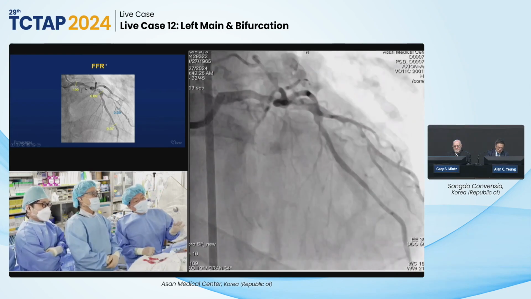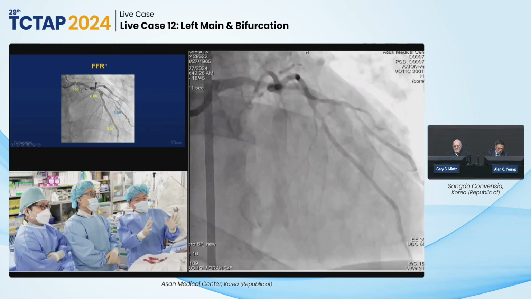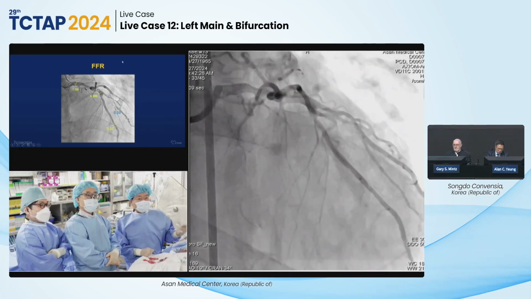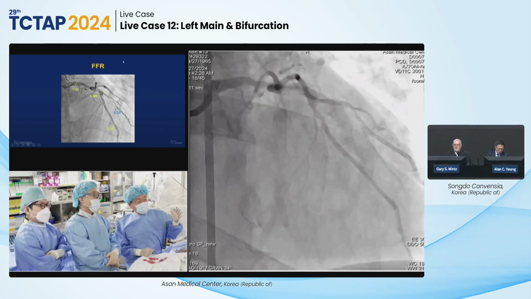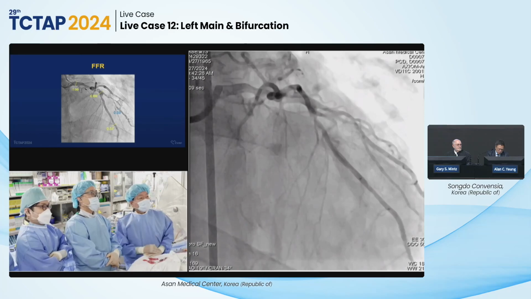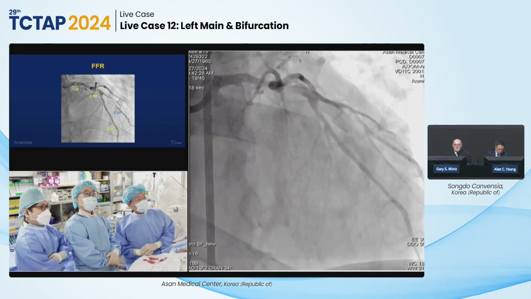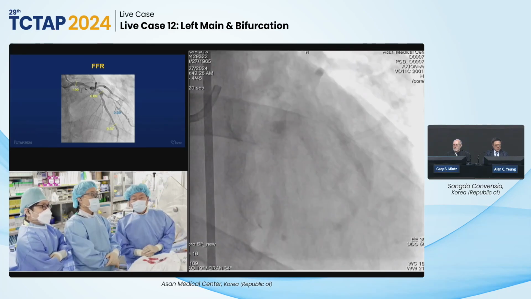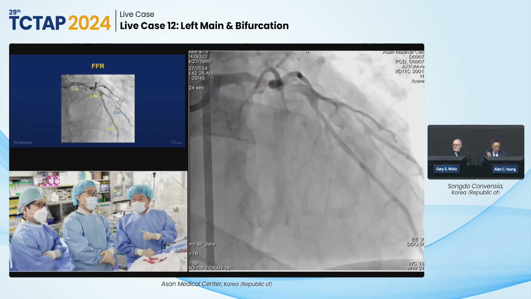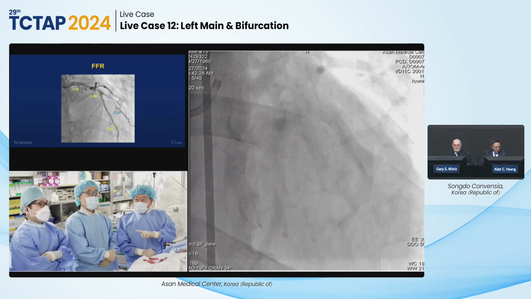Anyway, this is our policy. If the lesions in other epicardial arteries are suitable for stent, we do stent first, and then recently we just started a new study protocol for main, and so. All right.